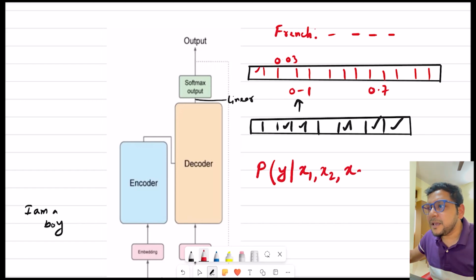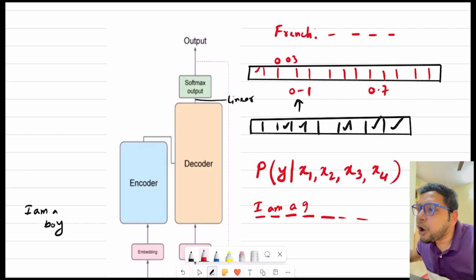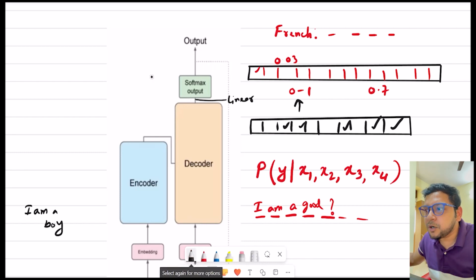P, probability of y given x1, x2, x3 or x4 has occurred. So here, for example, say there is a sentence and I have words, say I am a, then what word will come? Or maybe say I am mentioning that I am good, then what will the next word be?